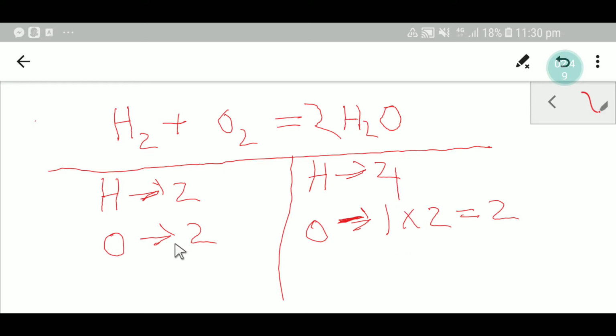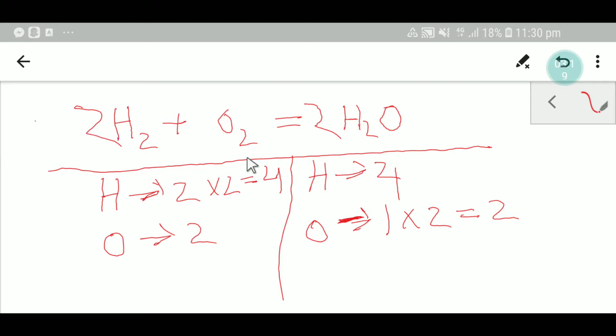So on the left hand side you have 2 oxygen atoms, and on the right hand side you have 2 oxygen atoms, but on the right hand side you have 4 hydrogen atoms, while on the left hand side, or reactant side, you have just 2 hydrogen atoms. So you need 2 more hydrogen, so you can multiply here by 2, that gives you 4. And remember, this 2 must come before this hydrogen, so you have to place 2 here.